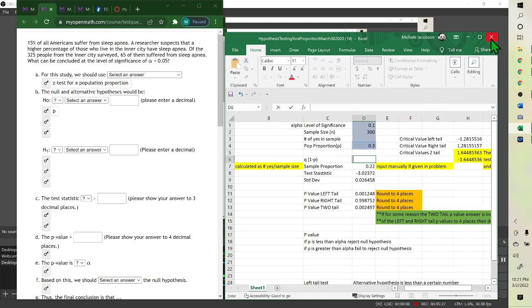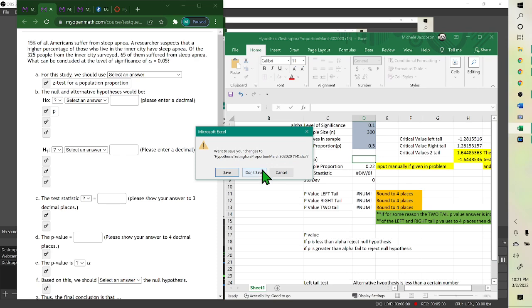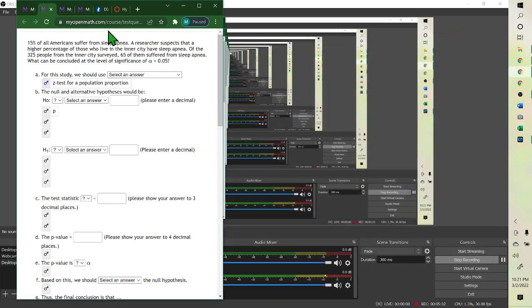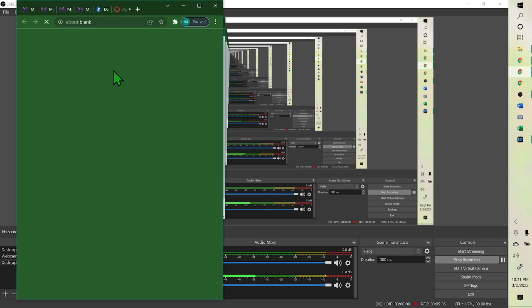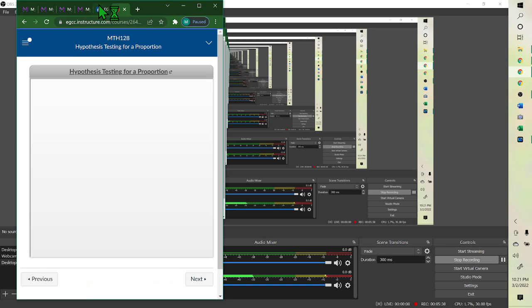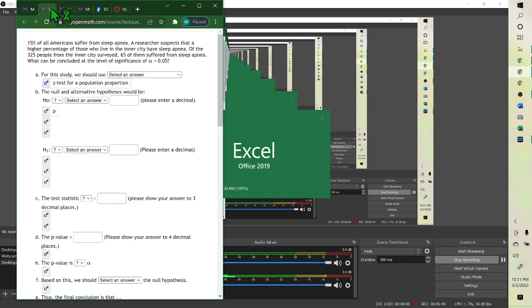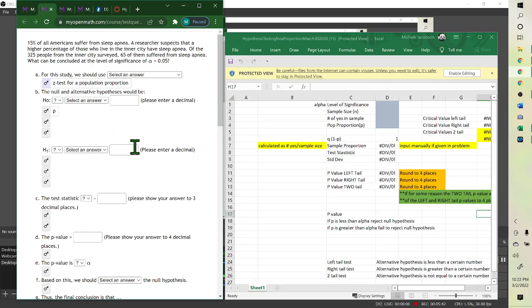I'm going to open a new one. When you type into the sample proportion instead of yes or no, you have to reopen because it changes formulas.